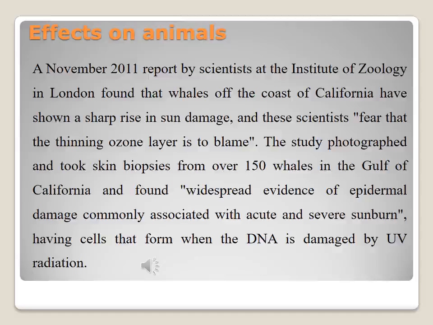The study photographed and took skin biopsies from over 150 whales in the Gulf of California and found widespread evidence of epidermal damage commonly associated with acute and severe sunburn, having cells that form when the DNA is damaged by ultraviolet radiation.